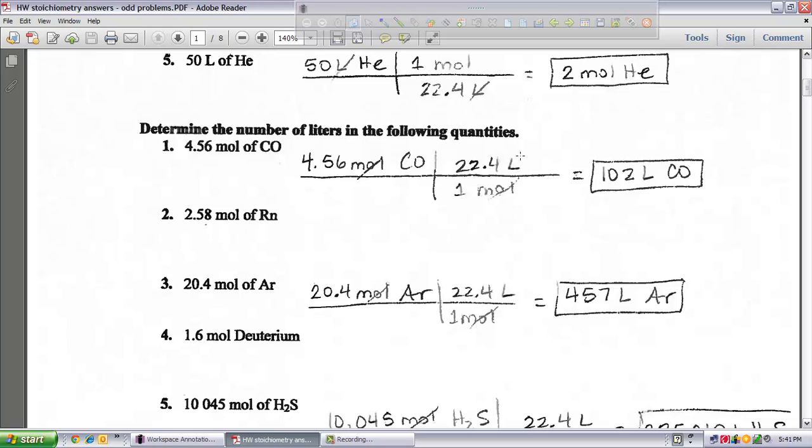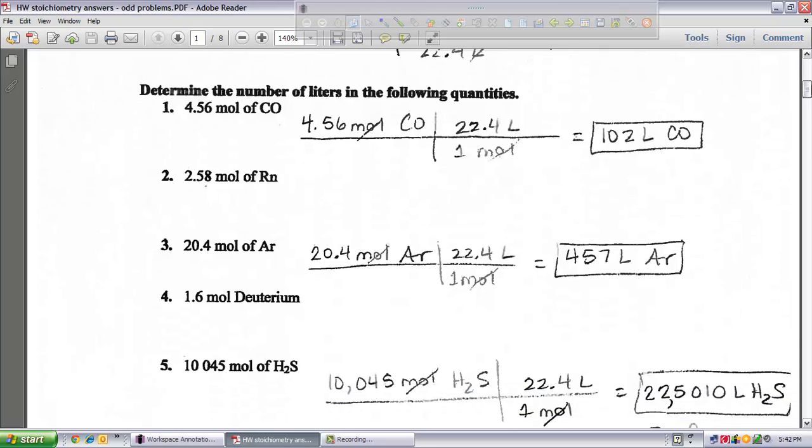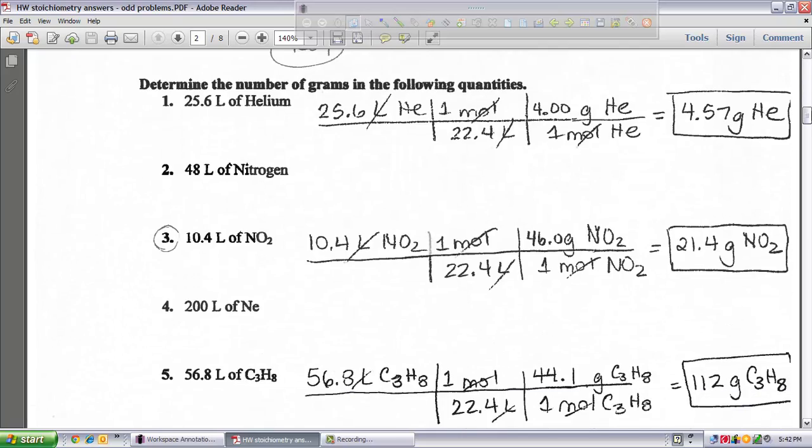It's the same as saying 12 inches equals 1 foot. And so you can put them in any order you need. In this case, you want to put 1 mole on the bottom, 22.4 on the top, and so your moles cancel. These are all gases, and there's nothing to indicate they're not at standard temperature and pressure, so that's why it makes it so easy to use these conversions this way and use the 22.4.